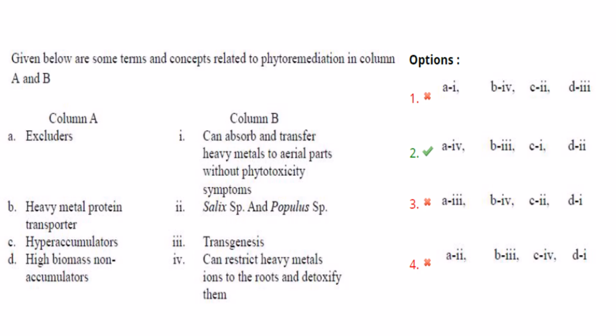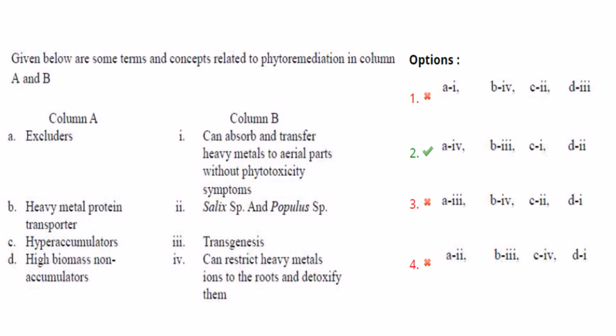Then heavy metal transporter protein, it is with regard to transgenesis. So heavy metal transporters are proteins involved in the uptake, translocation, then storage of heavy metal from the soil.